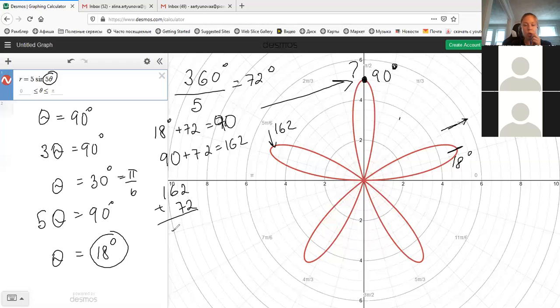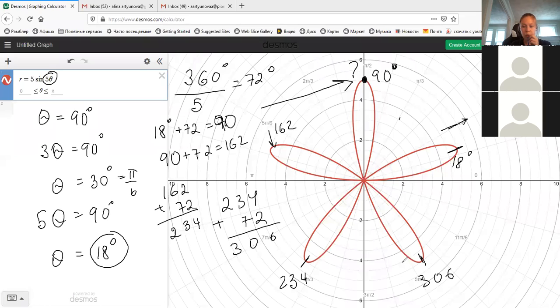It's already too much. 234. And the last petal will be 234 plus 72, 306. And that's the last one. If I add 72 more, it will go already more than 360. And that's where I stop.